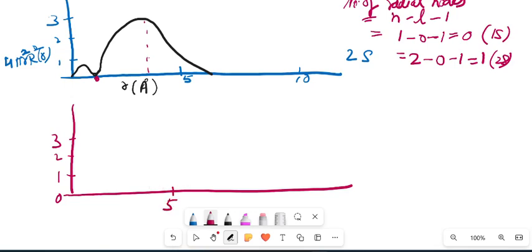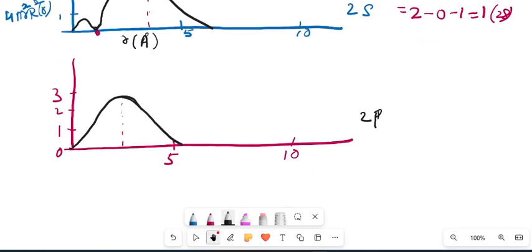And here it is 5, 10. This is 2p. Here also we can see that the number of nodes is 0.